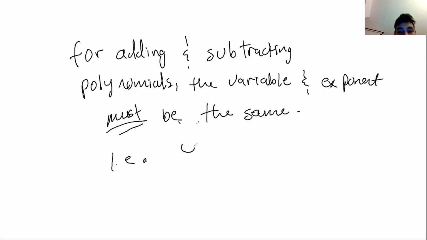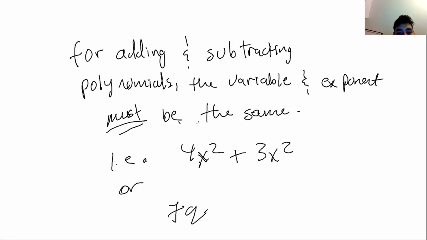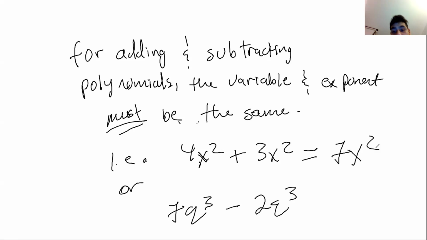I.e., 4x squared plus 3x squared, or 7q cubed minus 2q to the power of 3. So the variable and the exponent are the same. Q to the third, x to the squared, x to the squared. Therefore we can simplify these. This becomes 7x squared, and this becomes 5q cubed. All right.